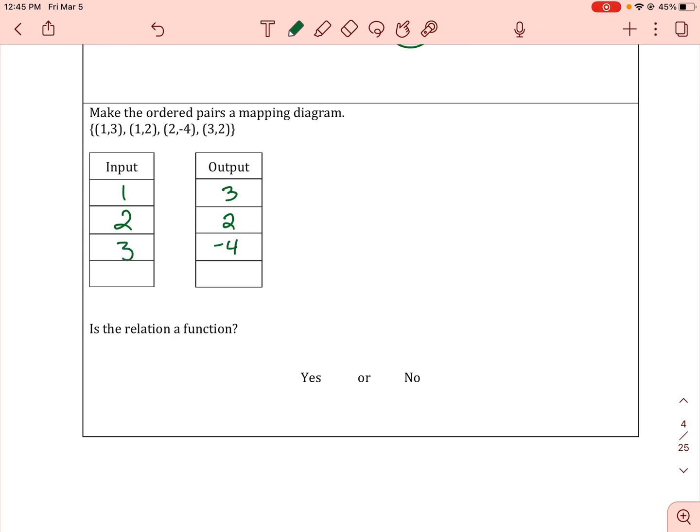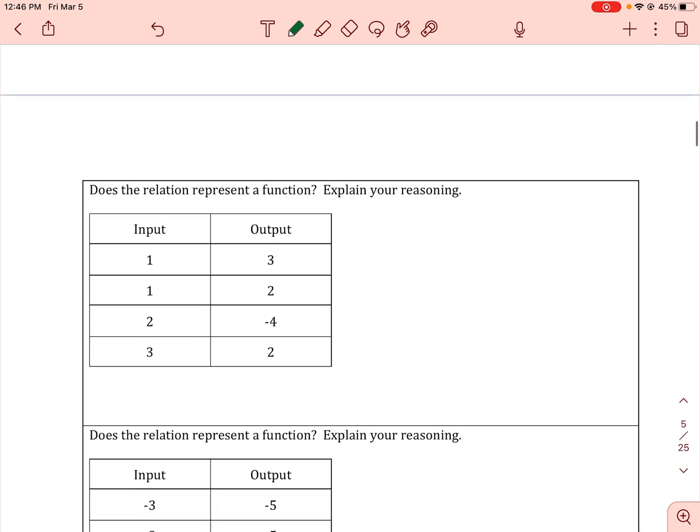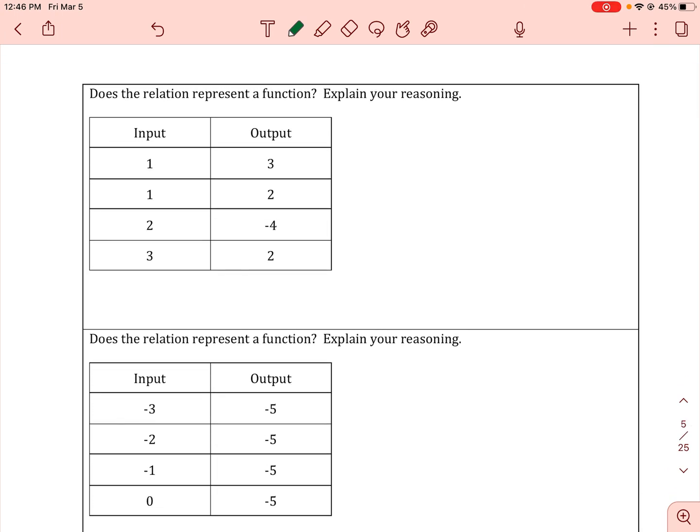Okay, so let's say 1 maps to 3. 1 also maps to 2, which should tell us this is not a function already. 2 goes to -4, and 3 maps to 2. The only reason this is not a function is because 1 splits off into two different outputs. Does this represent a function?